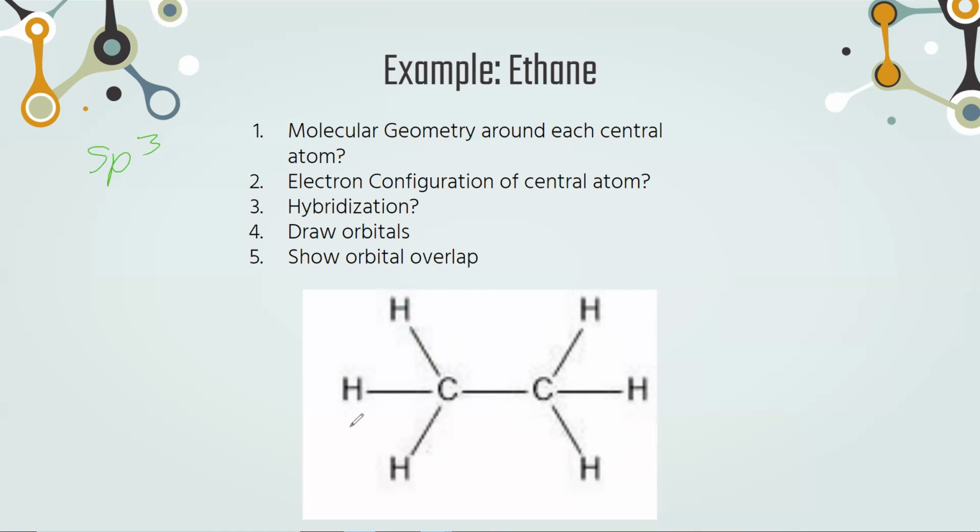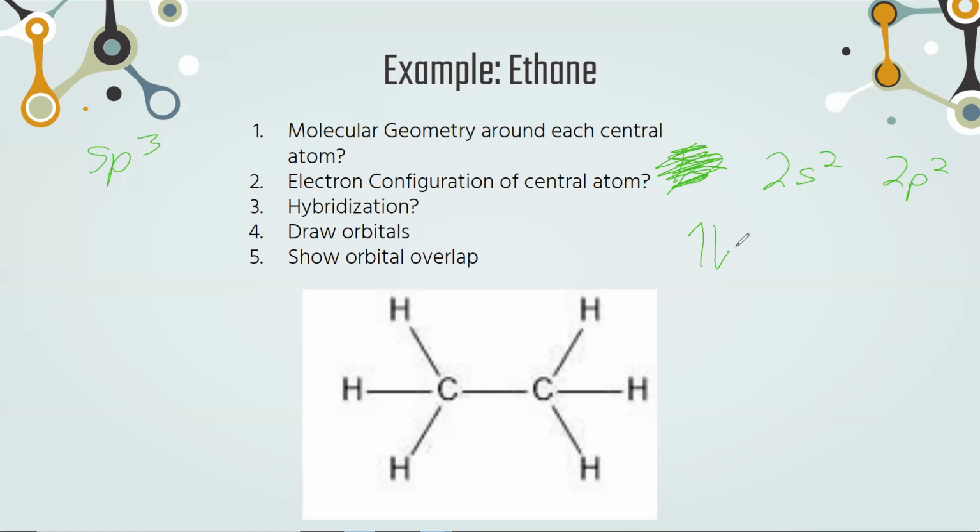The next thing to look at really is the electron configuration of your centrals. So carbon has an electron configuration of 1s2, 2s2, 2p2. Okay. The 1s2 is core electrons. So we're going to ignore the existence of those core electrons because they're not going to participate in the bond. And we're going to draw out the orbital diagram, or the arrow diagram, as I like to call it, for the valence electrons, which are the 2s2 and the 2p2.